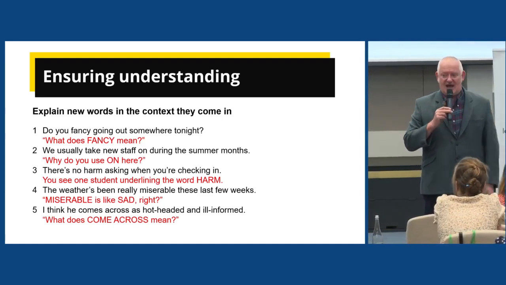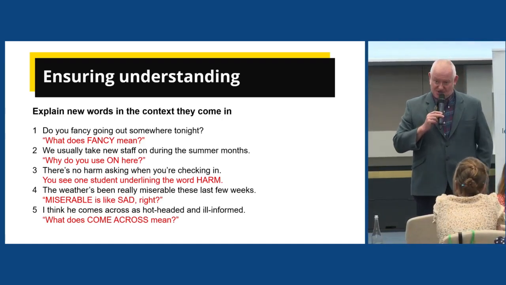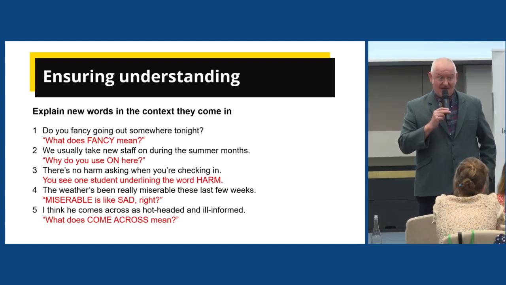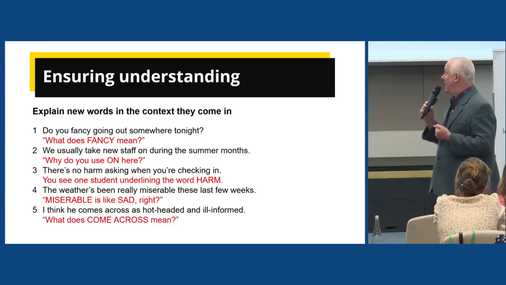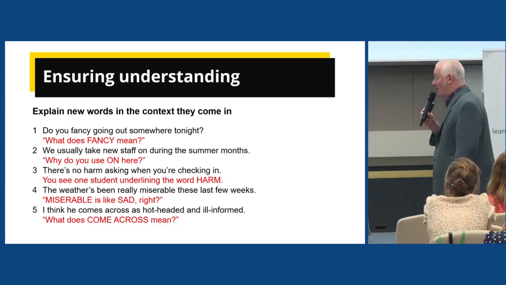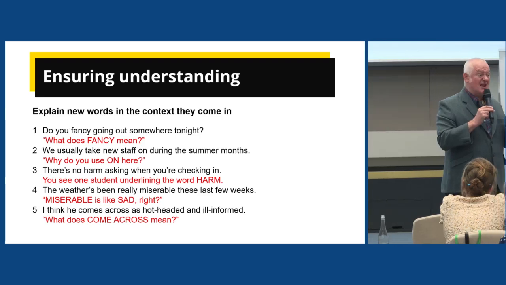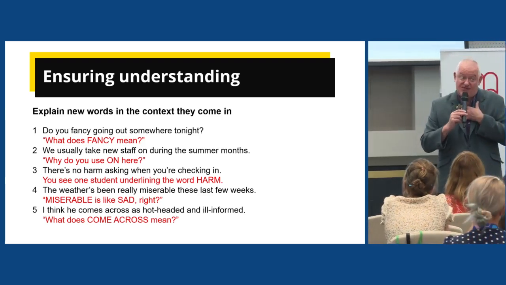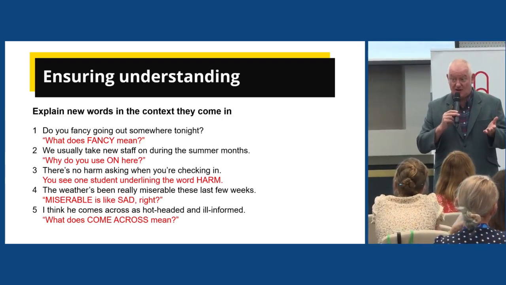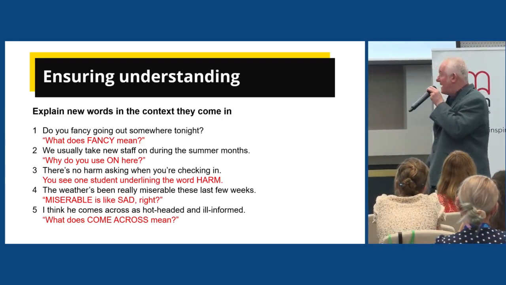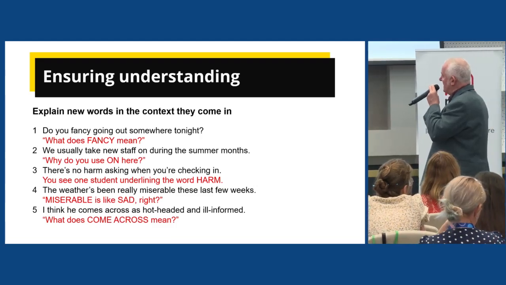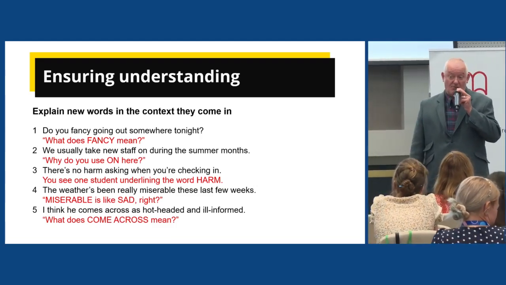And as a teacher, you have to go, sometimes, yeah, but not here, okay? 2 weeks ago, he's been feeling pretty miserable, yeah. But if you say the weather's been really miserable, it means the weather's been really bad. Maybe it's making you feel a bit sad because the weather's really bad, but basically it just means the weather's depressing, the weather's bad.